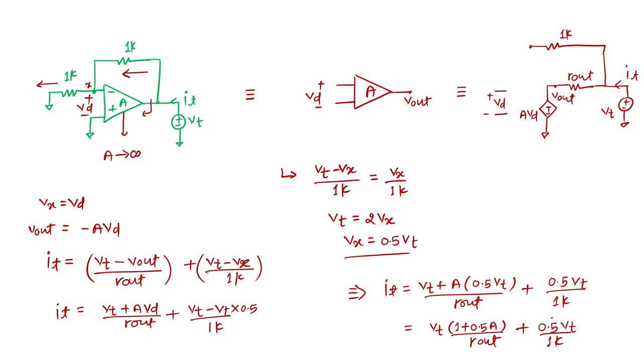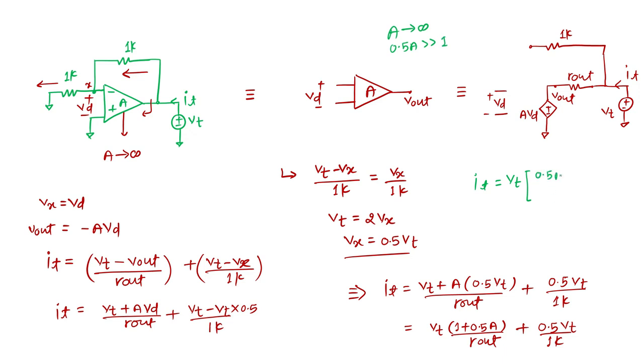If I take Vt as common, then what do we see? Now I will consider A to be very large, or A to be infinite. So 0.5A is much greater than 1, so directly I can ignore this one.